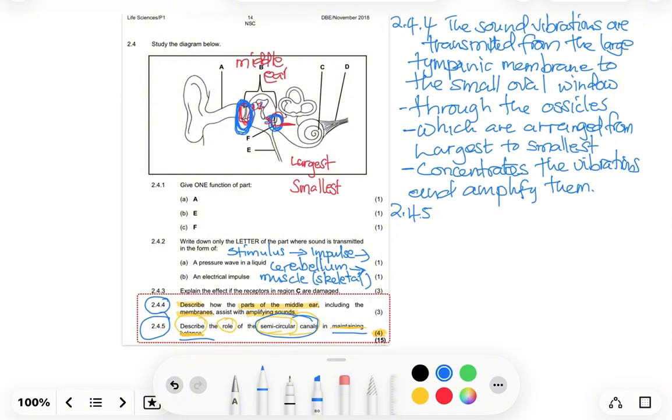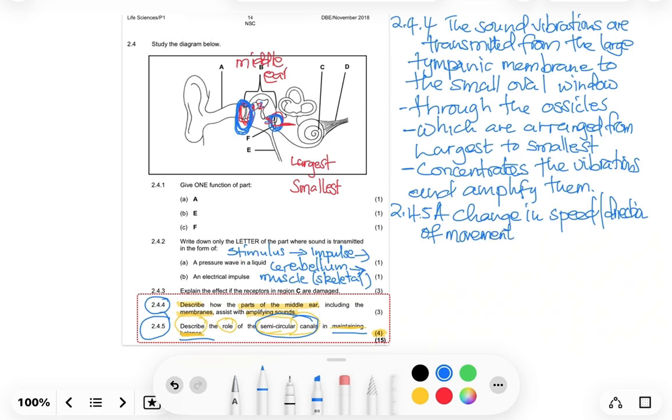So we're going to start by saying a change in speed or direction of movement. This is the stimulus.